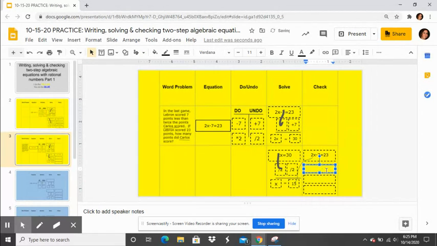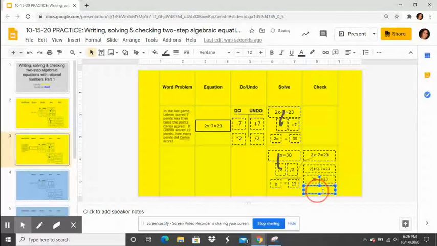So that will give me over here 2 in parentheses 15 minus 7 equals 23. Order of operations, you multiply before you subtract. So 2 times 15 is 30 minus 7. Bring down the equals 23. 30 minus 7 is 23, and 23 does equal 23.